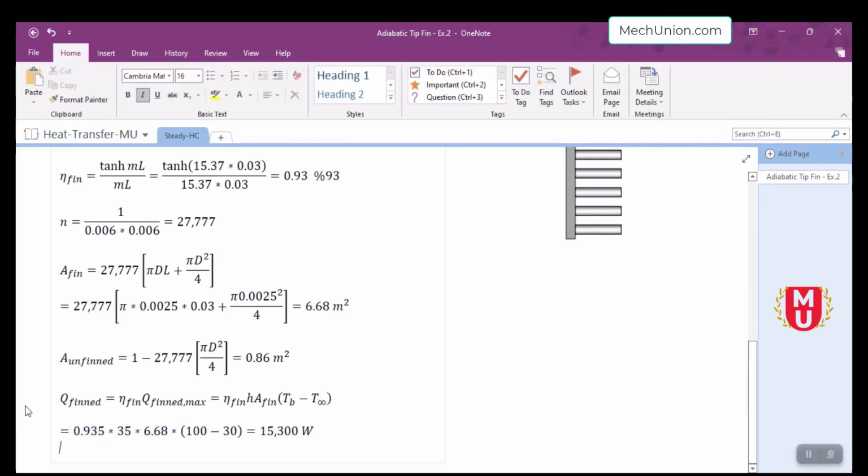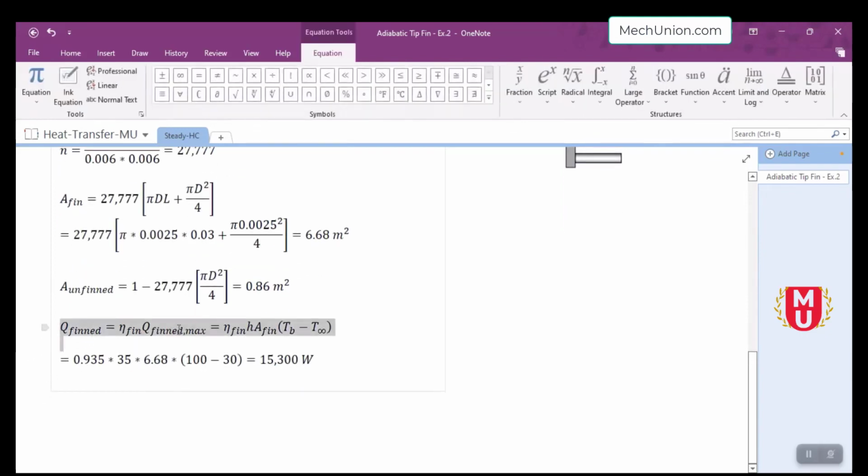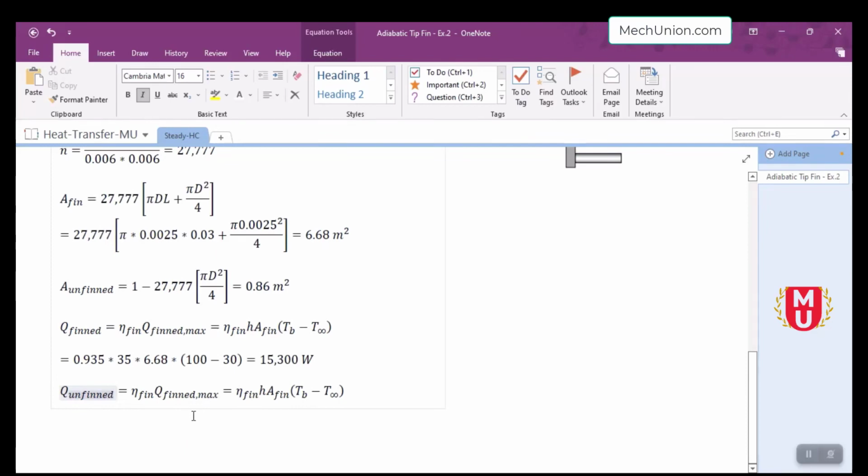And Q of unfinned will be h times A of unfinned times T base minus T infinity.